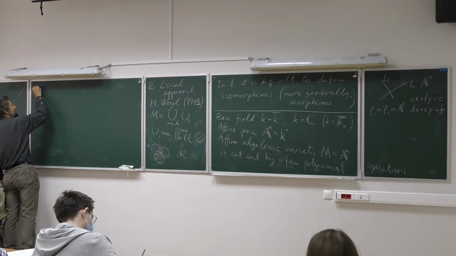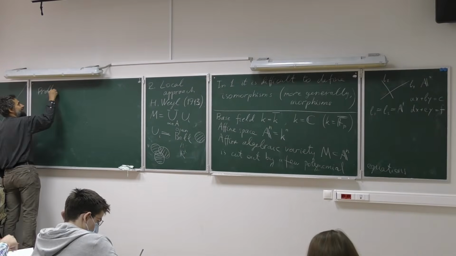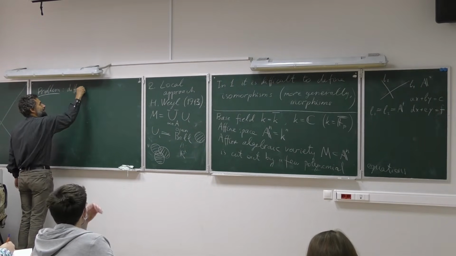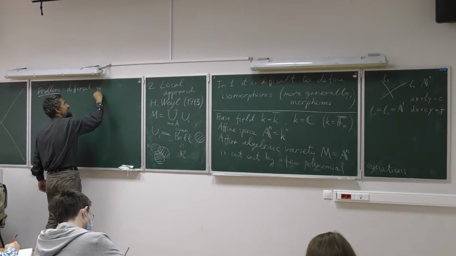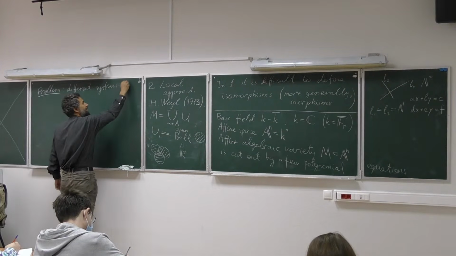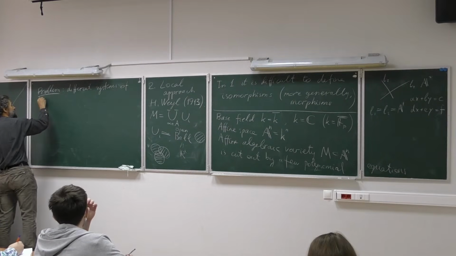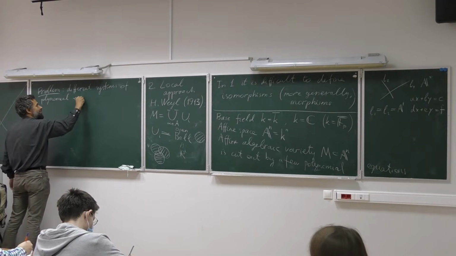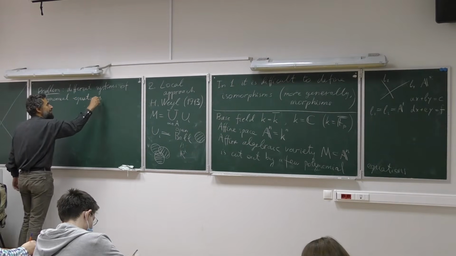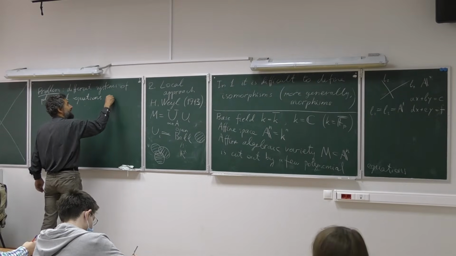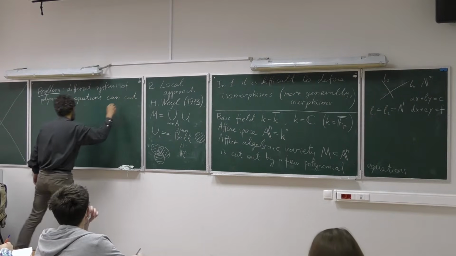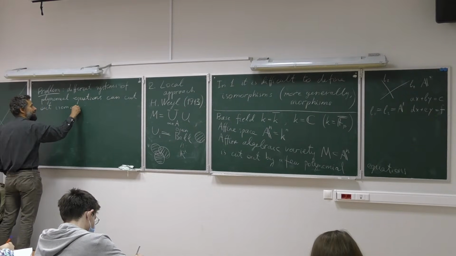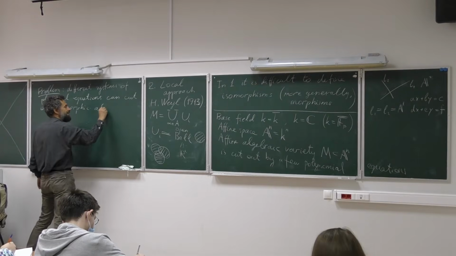So the problem: different systems of polynomial equations can cut out isomorphic algebraic varieties.